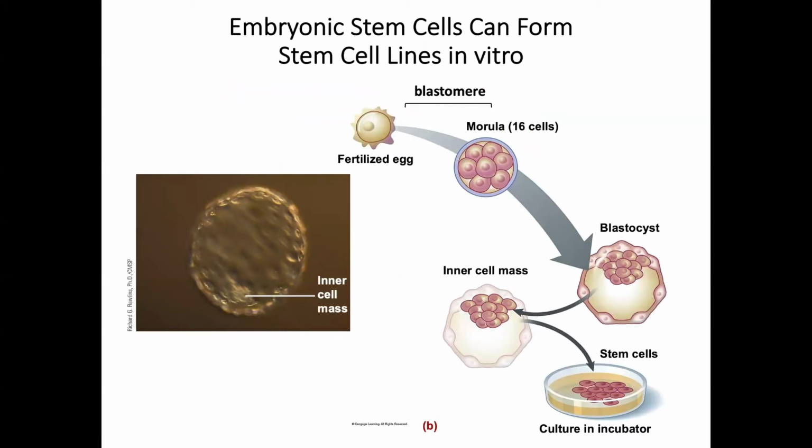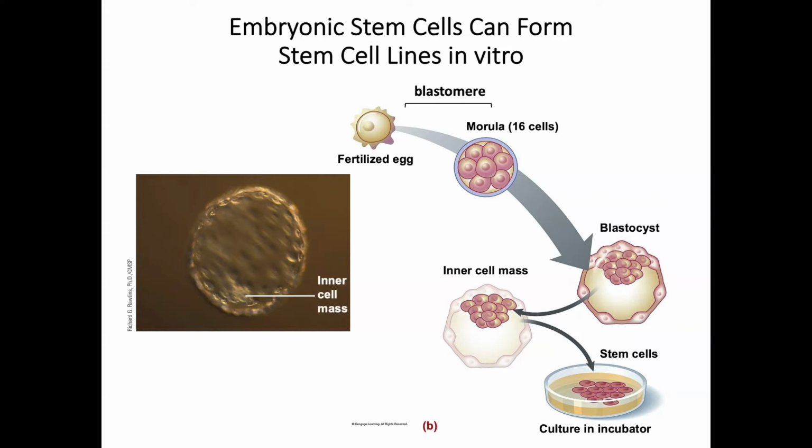This slide shows how ES cells can be isolated and cultured in vitro, okay? We have learned the blastocyst, which is a later stage of development than the blastomere. So we have tested that the inner cell mass in blastocyst can further develop into the fetus, right?